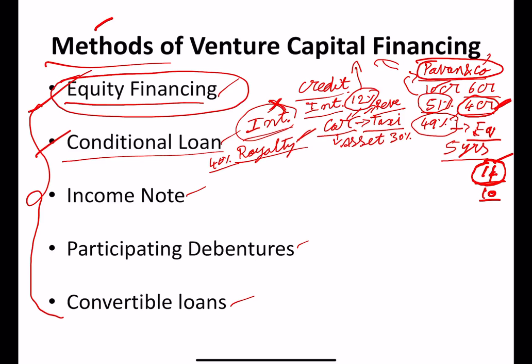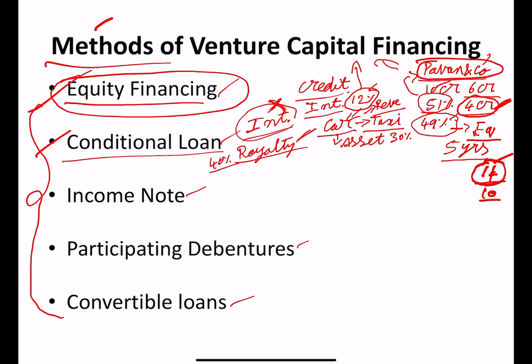My dear student friends, try to understand. I'm explaining in detail to you what is royalty. I need not pay interest, which is 12%, but I have to pay royalty from my revenue. So each and every year I need not pay. Once I start generating profits, creating a revenue, I have to pay royalty from my revenue, 40%.